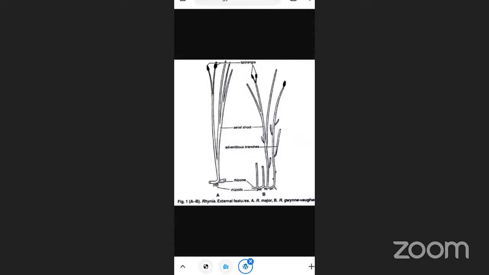In the other species, Rhynia gwynne-vaughanii, the plants were comparatively smaller, where the aerial stem reached around 26 centimeters in height only. What is the external morphology of the Rhynia?